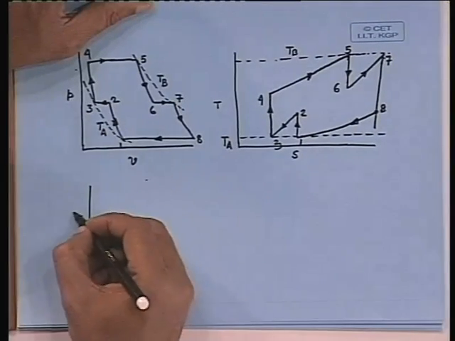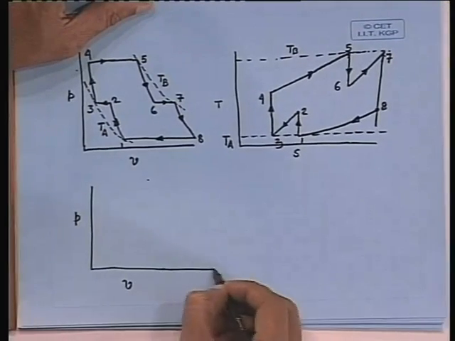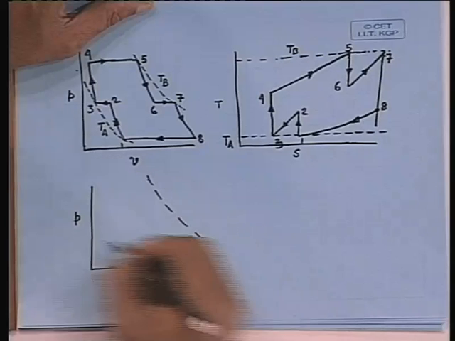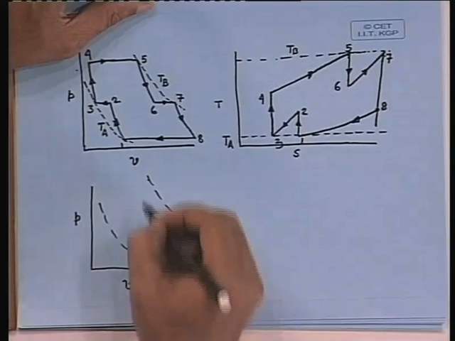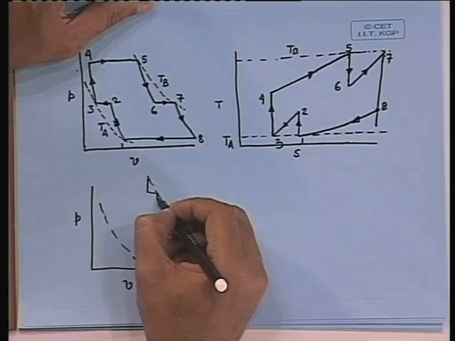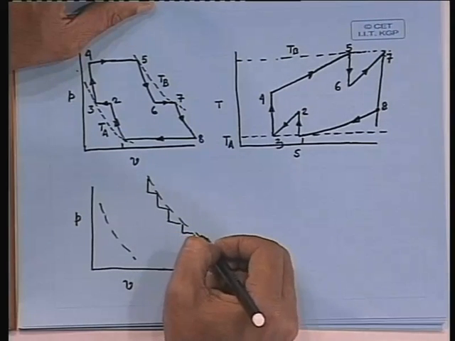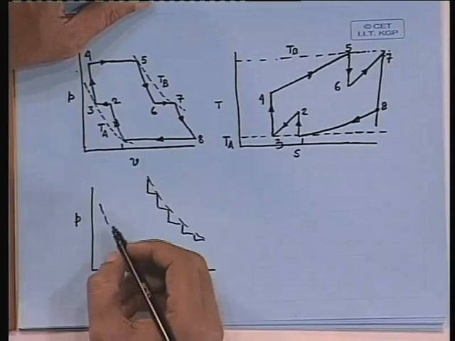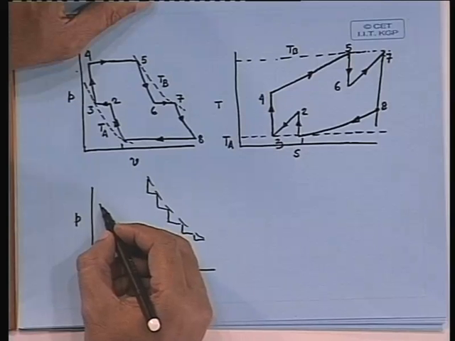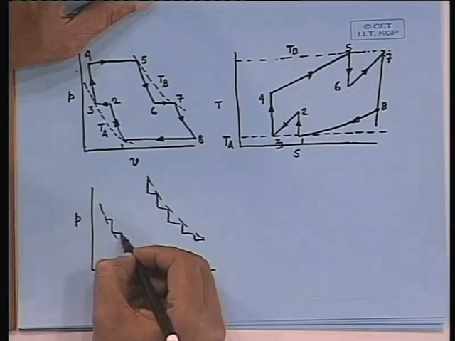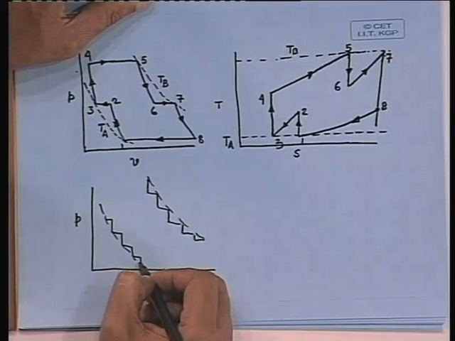Then what we will get is like this. PV, this is our one isotherm and this is our another isotherm. Around this isotherm I will get reheating stages like this, and around this isotherm I will get the intercooling stages like this.